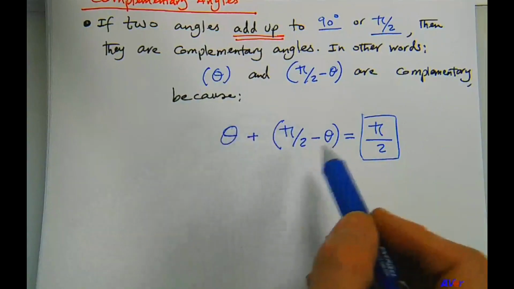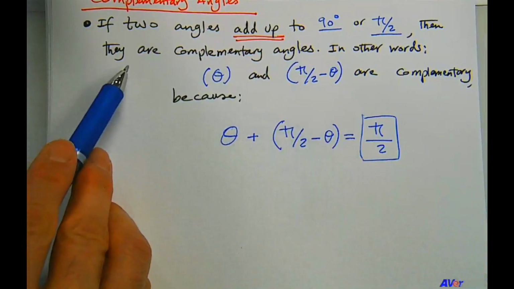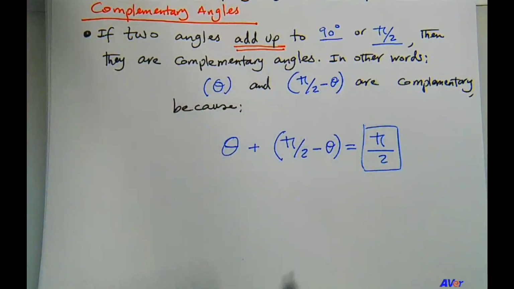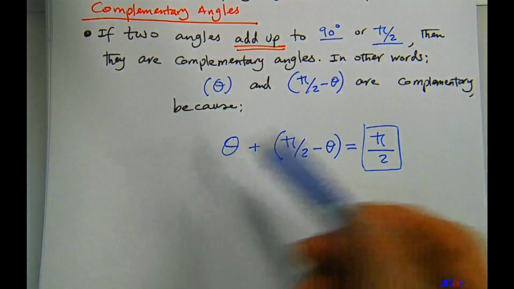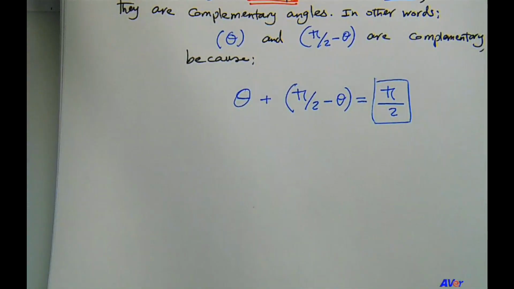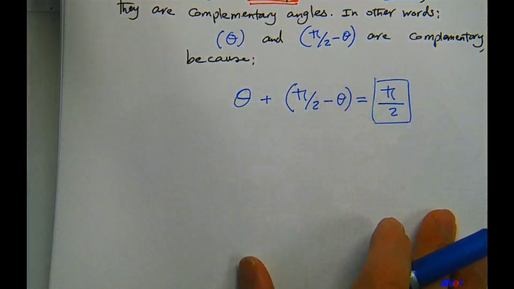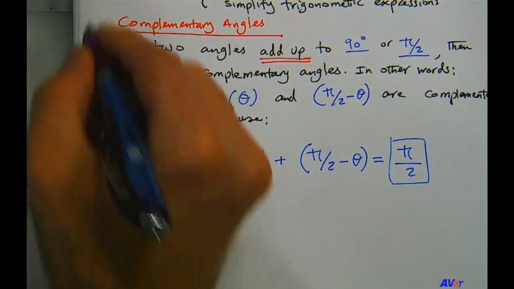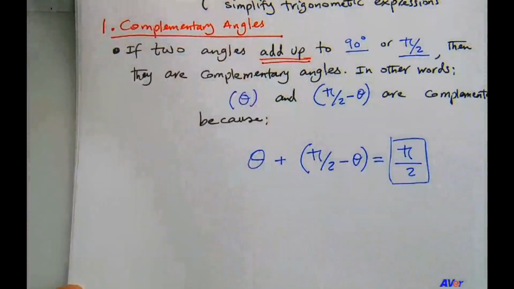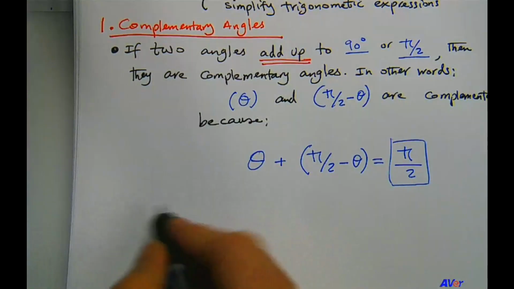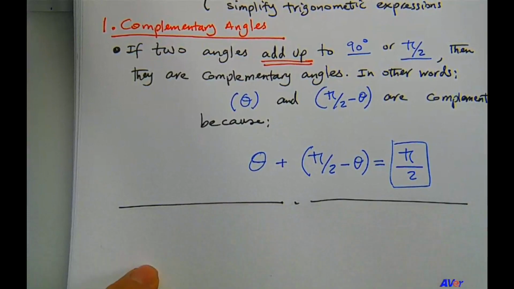So this symbolic description matches the description we gave here. Okay, so theta and pi over 2 minus theta are complementary angles. We had to mention this because the trigonometric relationship between complementary angles is very important. So we will look at that next. That's the second topic.